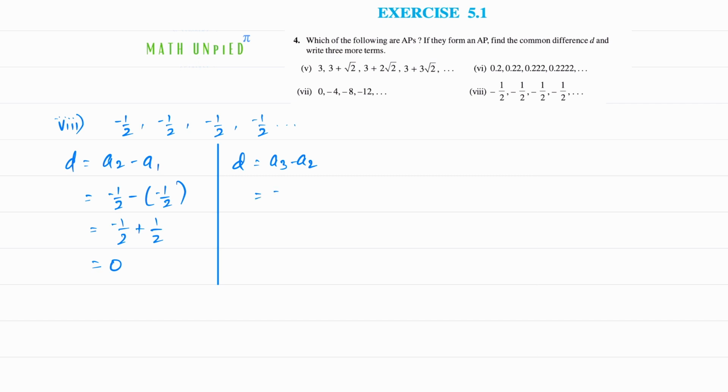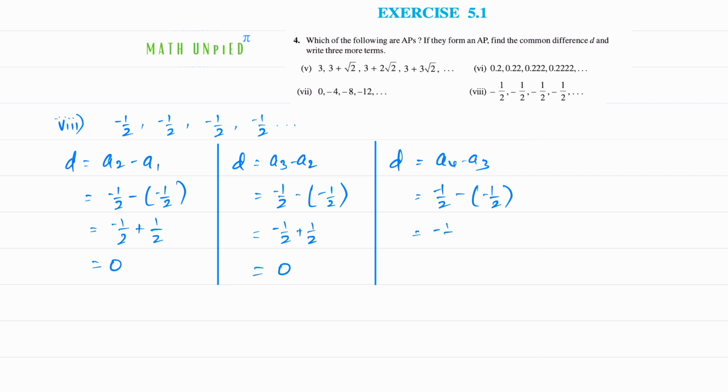This will be negative half minus of negative half, which is equal to 0. And it's the same for the next 2 terms also: A4 minus A3, and this will be negative half minus of negative half, which is equal to 0.